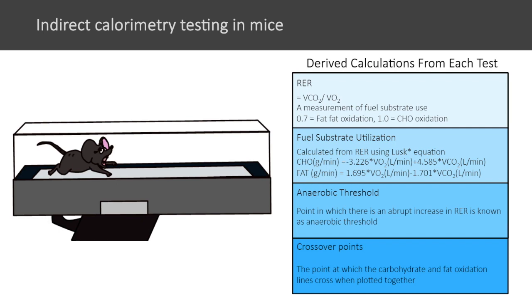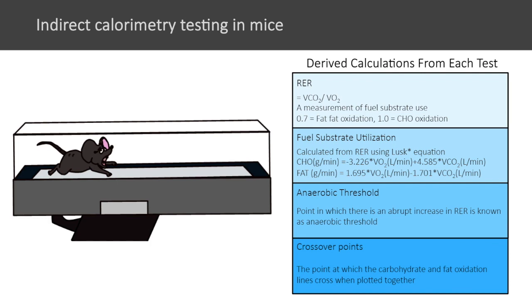This is a very well-established equation to determine the number of carbohydrate grams per minute, the formula is written right there, or fat grams per minute. That's great because then we can plot those things out and say, okay, perhaps there's an issue in this animal in fuel substrate utilization, which would be indicative of, when coupled with looking at, let's say, anaerobic threshold, an issue, and even crossing over into anaerobic metabolism.